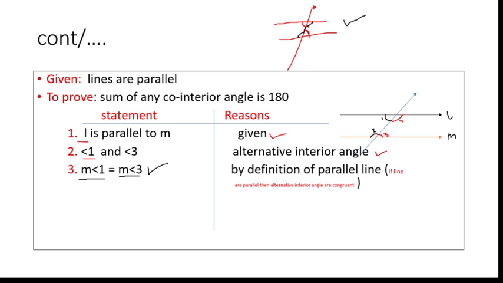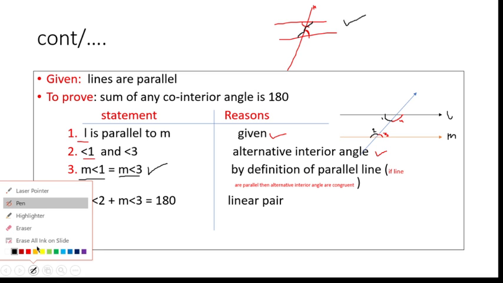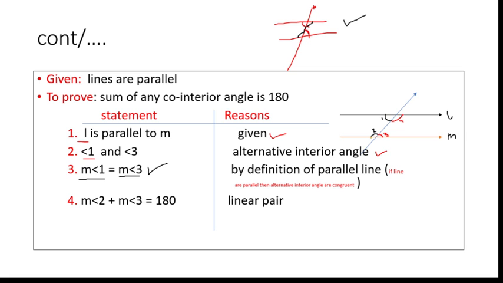From the figure we can notice that angle 2 plus angle 3 is equal to 180 by a linear pair. This is an angle of a straight line. So angle 2 plus angle 3 makes 180 degrees because this is an angle of a straight line. From the third point we can notice that measure angle 1 is equal to measure angle 3, so we replace angle 3 by angle 1.